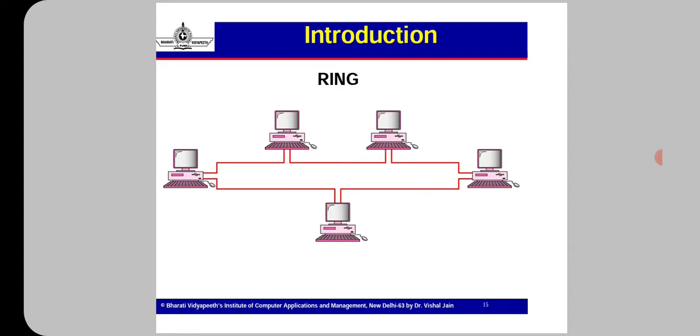In a ring network or ring topology, all the devices, computers or workstations are formed in a ring, so that the data or information is passed throughout the ring, and all the workstations, PCs and computers receive the data or information.